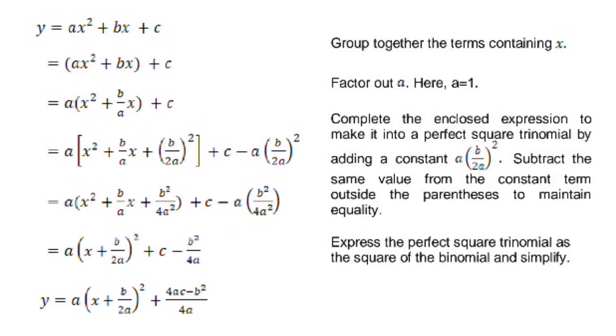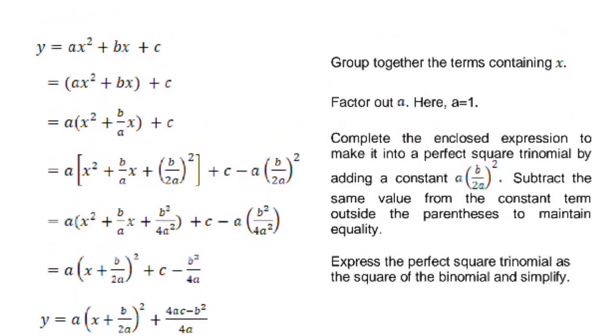Completing the square, you take 1/2 of b over a, which is b over 2a, and square that. Then you have plus c minus a times the quantity b over 2a squared. It is the same process.